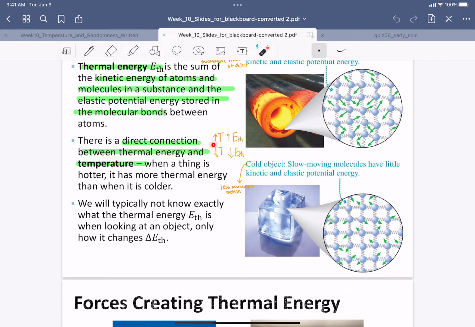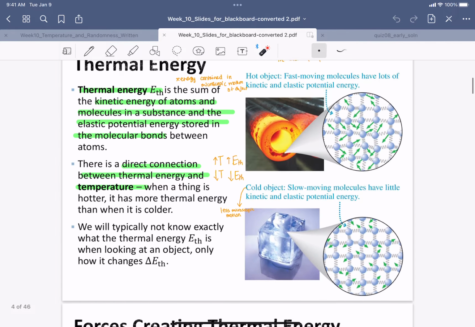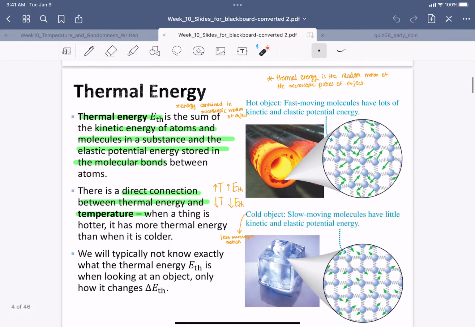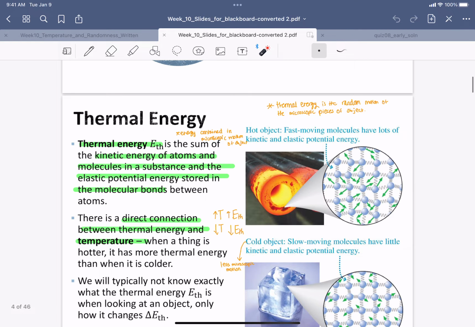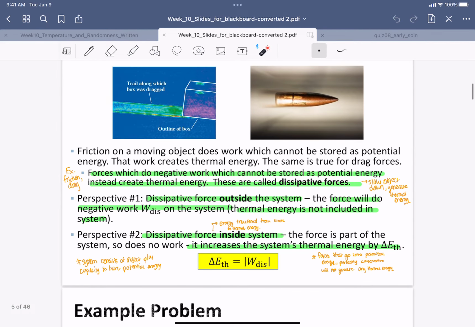So if something's hotter, it has more thermal energy, so an increase in temperature will increase the thermal energy, and a decrease in temperature decreases the thermal energy. That's an important thing to know about thermal energy. It's random motion of microscopic pieces of objects. This is just more or less a definition page.